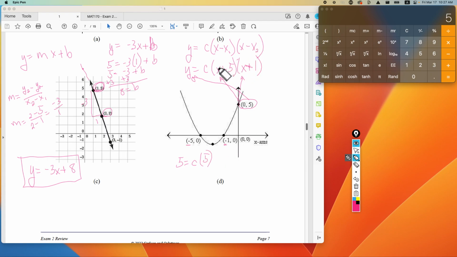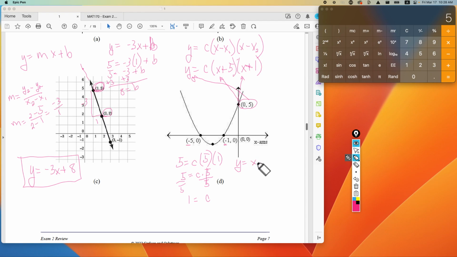All the x's are 0, right? 0 plus 1 is 1. So we end up with 5 equals c times 5. To solve for c, divide both sides by 5. That cancels. That's 1. So c is equal to 5 divided by 5, which is 1. So our equation is simply y equals c, which is 1.